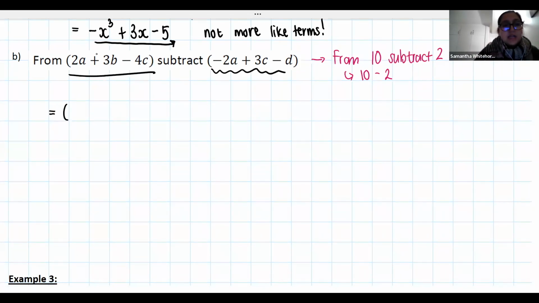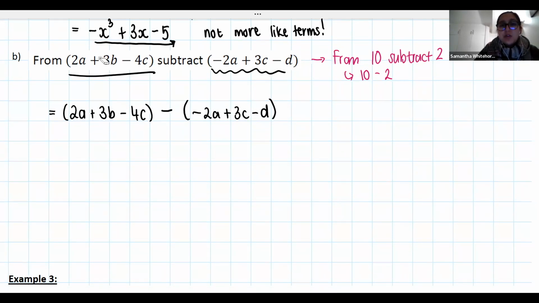So we need to say 2a plus 3b minus 4c minus my second expression of minus 2a plus 3c minus d. I am subtracting the squiggly one from the first expression.